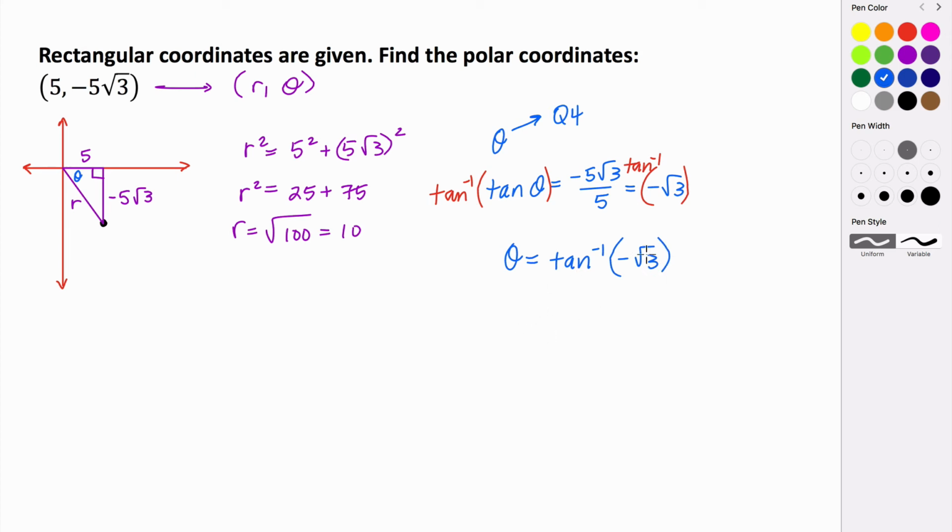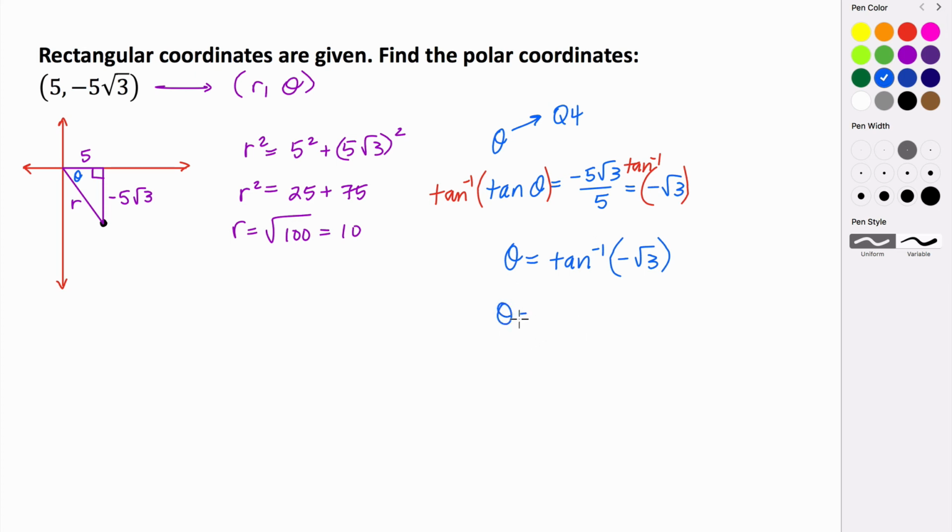Now, normally, when we're evaluating an inverse, it's going to give us a negative angle, which would be what we would get if we traveled in the clockwise direction here. But we could also take the positive angle measure. Both of them are coterminal and would put us in the same position. So we don't have the same restrictions that we do when we are dealing with the inverse normally.